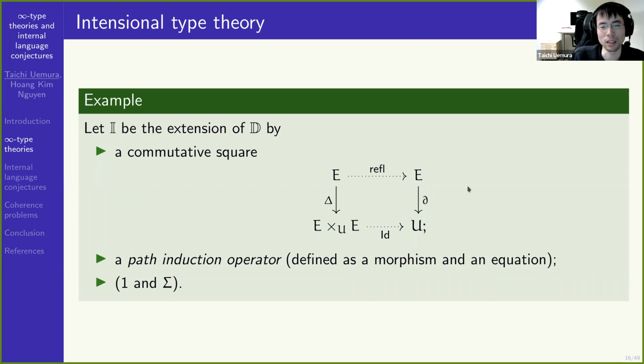And the commutativity means that the type of reflexivity is ID of A. The type of reflexivity is just A equal A. And we also add a path induction operator, which is slightly complicated, but we can define it as a morphism and equation representing the computation rule. Okay. And for convenience, we always assume unit type and sigma types. They are also defined by morphisms and equations. Okay.